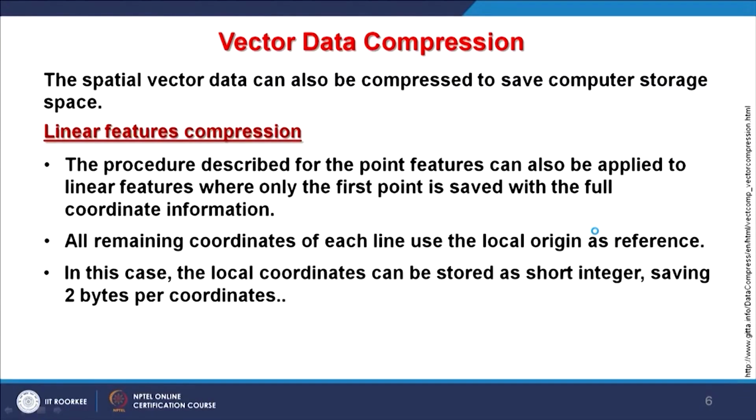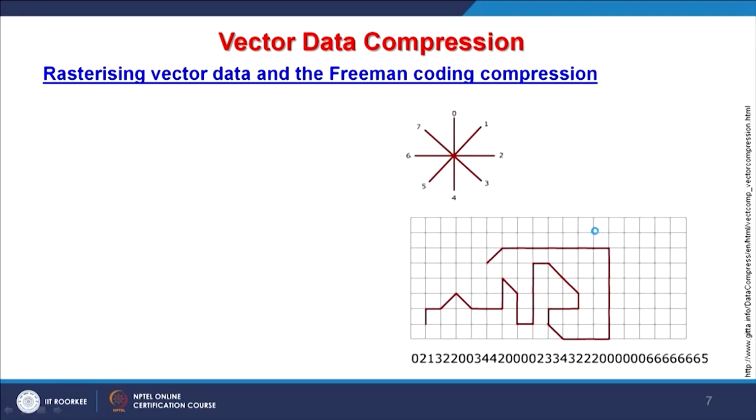So instead of using easting, northing or geographic coordinates, local coordinates can be created in terms of distance, like meters or centimeters, and you can store. Just per point, if you can save a few bytes, and if you have thousands of points, definitely you will save some megabytes of data, and that is what is important.